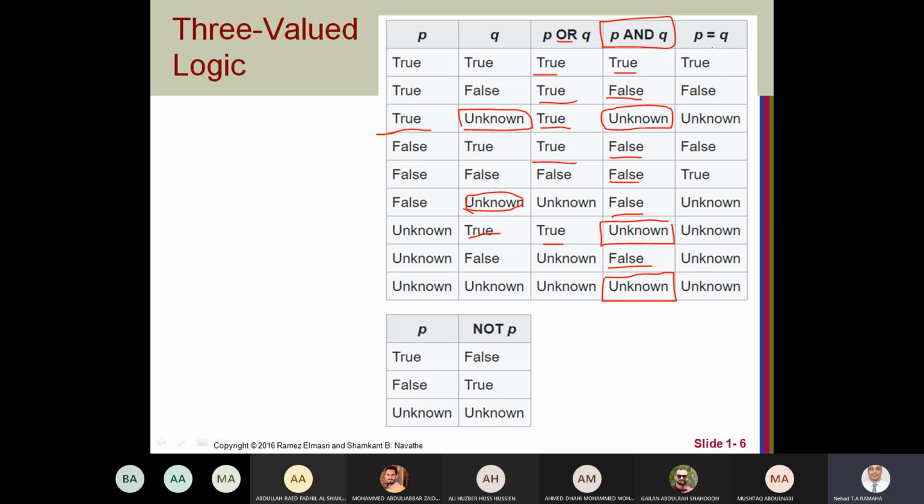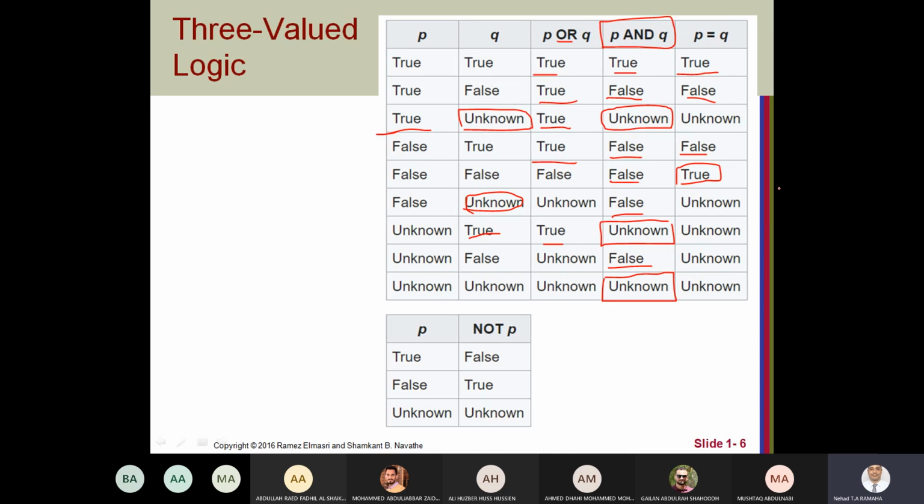For equal, if you have two similar sides, you will have true. For example, true equals true is true. If there's a difference between the two sides, you will have false. So false equals false, yes, the result is true. What about unknown?